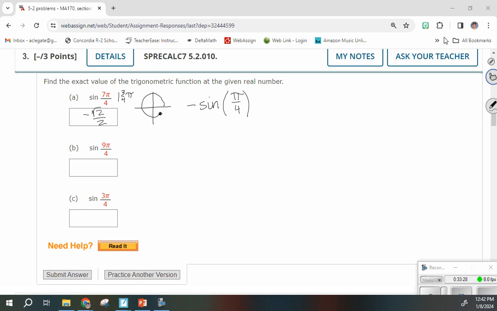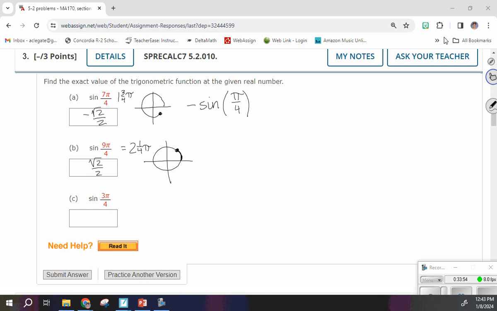Good. Now, 9 pi over 4. Again, what is 9 over 4 as a mixed number? 2 1/4 pi. So again, on your unit circle, you go all the way around, and then you go 1/4 more. Okay? So it's the first quadrant. Everything's positive, right? So this is just going to be root 2 over 2.